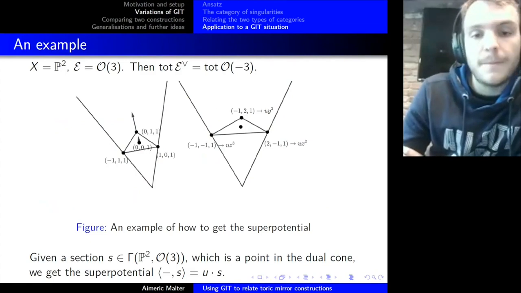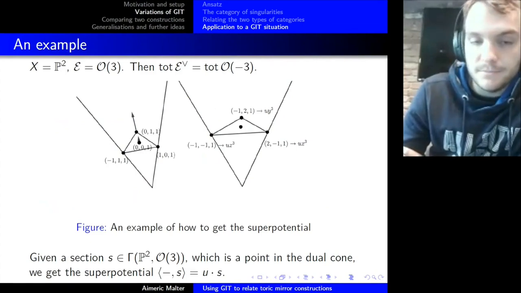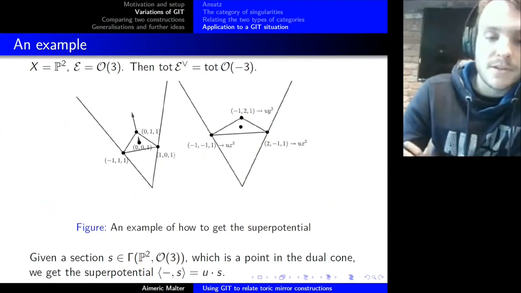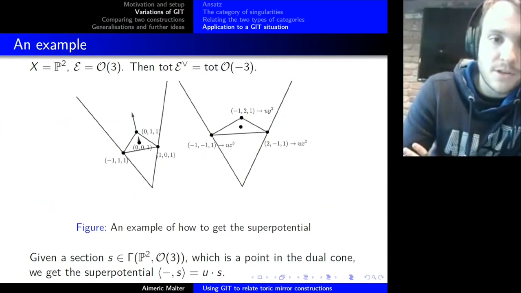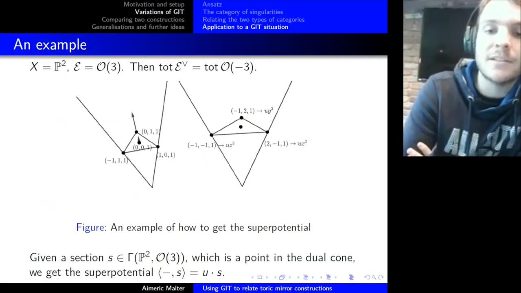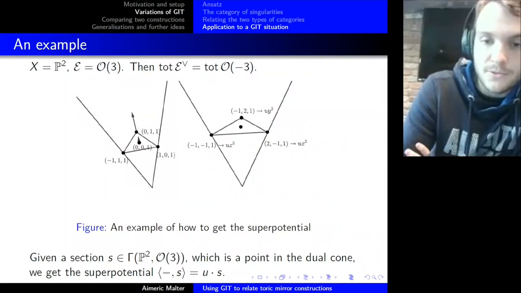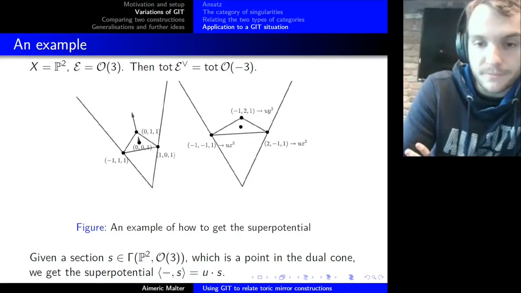As an example, if we take X to be P2, we consider the vector bundle O(3), then the dual vector bundle is O(-3). On the left, we construct the vector bundle for O(3) in the way that Cox-Little-Schenck describes for constructing a vector bundle. And if you take the dual vector bundle, you obtain the figure on the right.